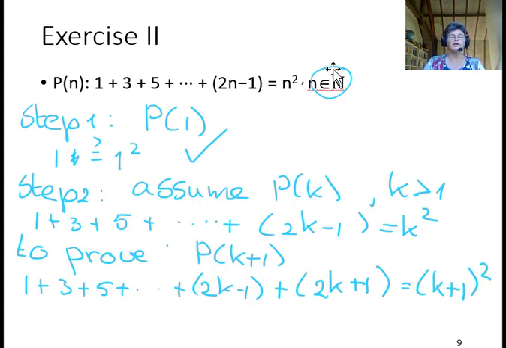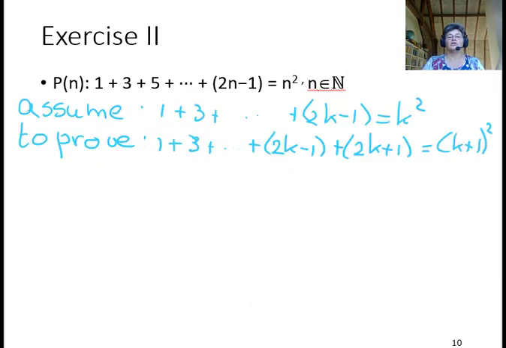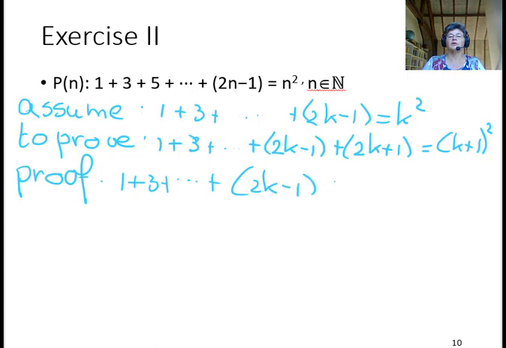Okay, that's what we need to prove. Let's try to do that. So we have our assumption, and this is what we need to prove. So proof. So we start on the left. So 1 plus 3 plus up to 2k minus 1 plus 2k plus 1 equals.